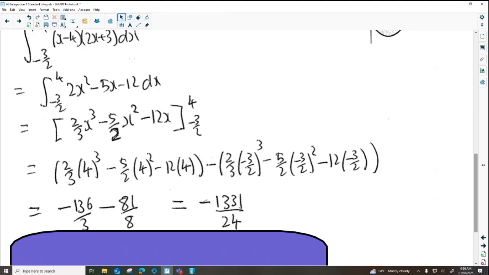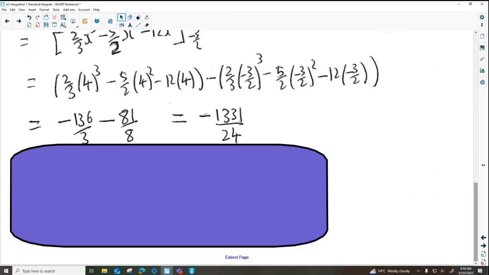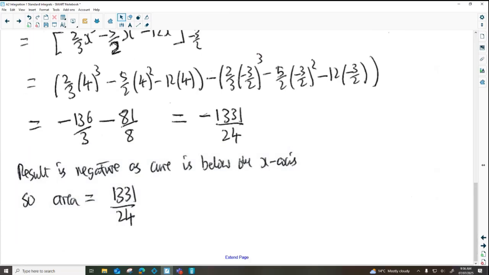If you carefully type this into your calculator, you get minus 136 over 3, take away 181 over 8, which turns out to be minus 1331 divided by 24. But that's not my final answer. So the result is negative because the curve is below the x-axis. The actual area is the modulus of this, the positive value 1331 over 24.